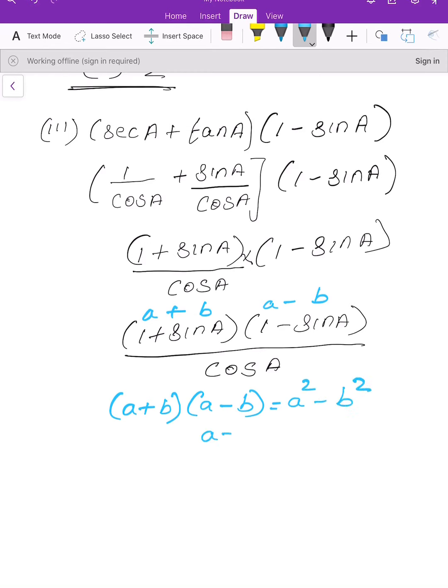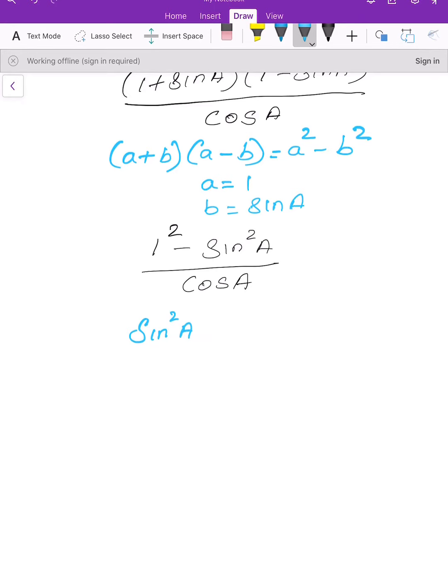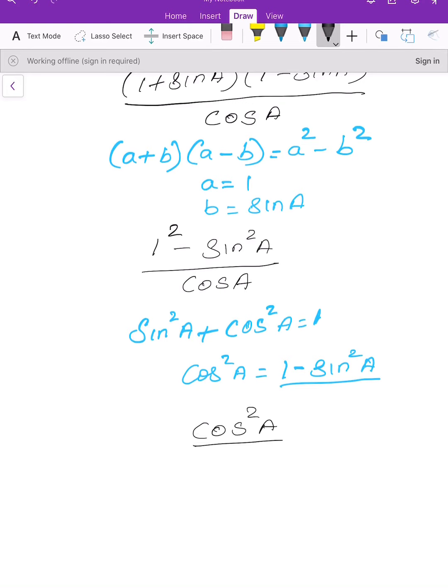So my A here is 1 and B is sin A. I'll write accordingly: 1 square minus sin square A by cos A. Now I'm using a trigonometric identity: cos square A plus sin square A equals 1. Taking sin square A to the other side, because this is plus sign, when it goes to the other side it becomes minus sin square A. 1 minus sin square A, I can substitute as cos square A. So it is cos square A by cos A.